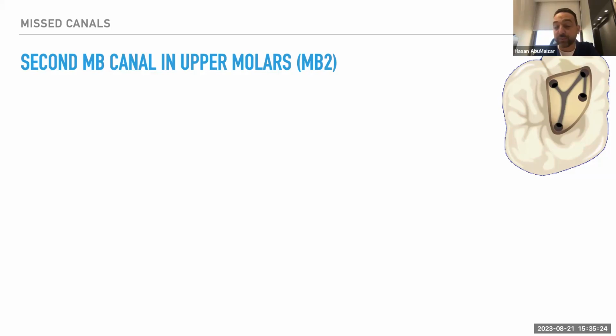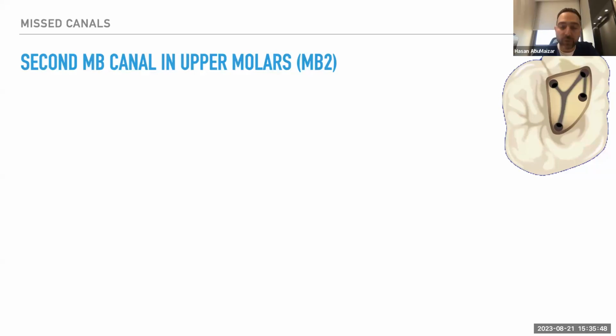It was treated some time before. It always comes back with failure if we haven't opened the MB2, unless we are very lucky and have a confluent canal with a mesobuccal one, and we've treated the mesobuccal one well and sealed the pulp chamber well, then maybe we won't have trouble coming from this tooth.